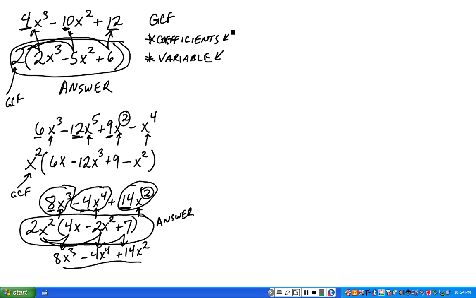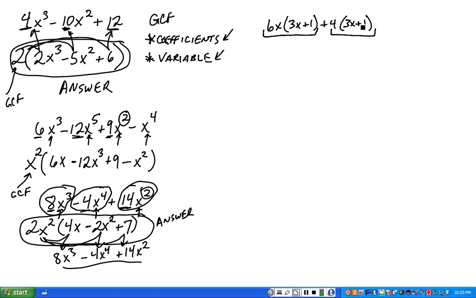They won't always be just a coefficient or a variable. So let's look. Let's say we have something that looks like this. Okay, so this is really a binomial, because really what I'm looking at is one term plus another term.